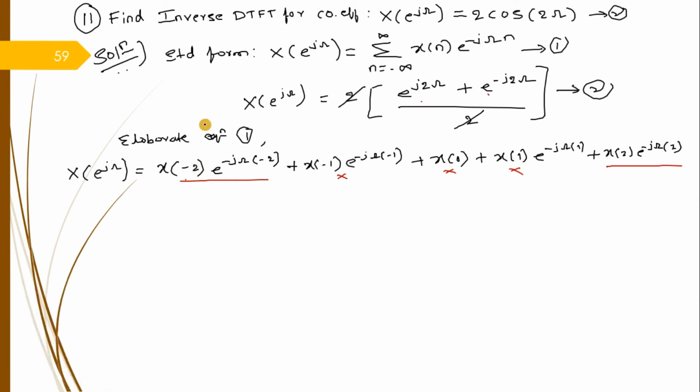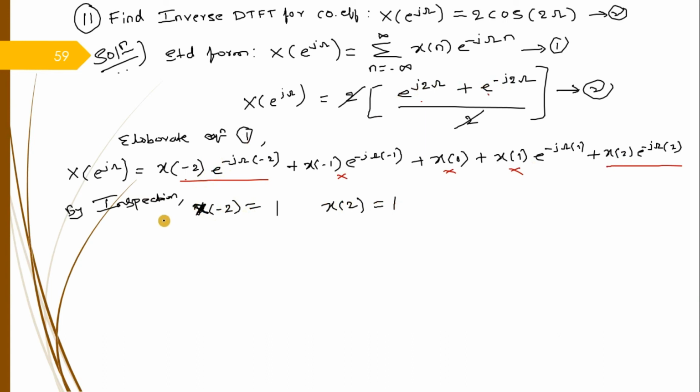So by inspecting, we get x of minus 2: because here you have e raised to j 2 omega, it is 1. These all are 0. So x of 2 is also 1.